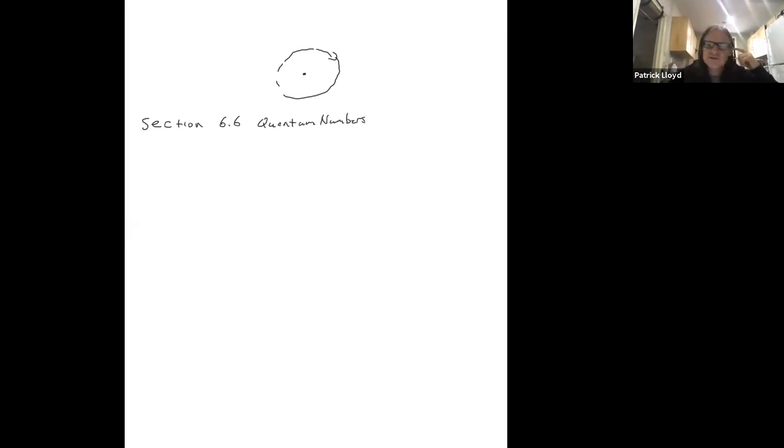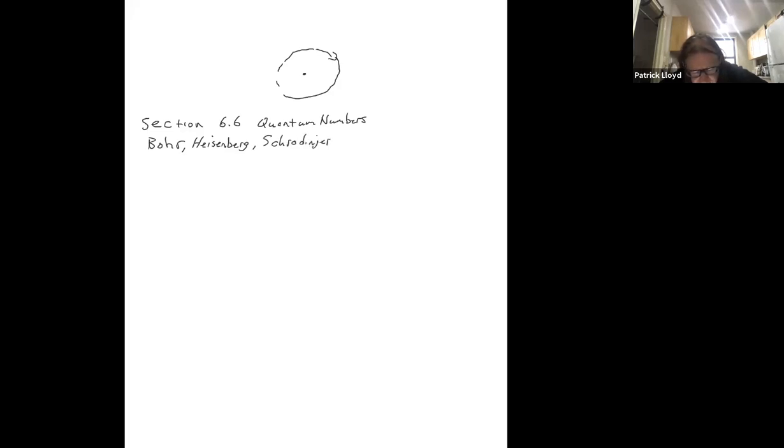Okay, 6.6. So the idea here comes out of the work of Niels Bohr. And we remember the Bohr model, Heisenberg, and Schrodinger. So these are the three.